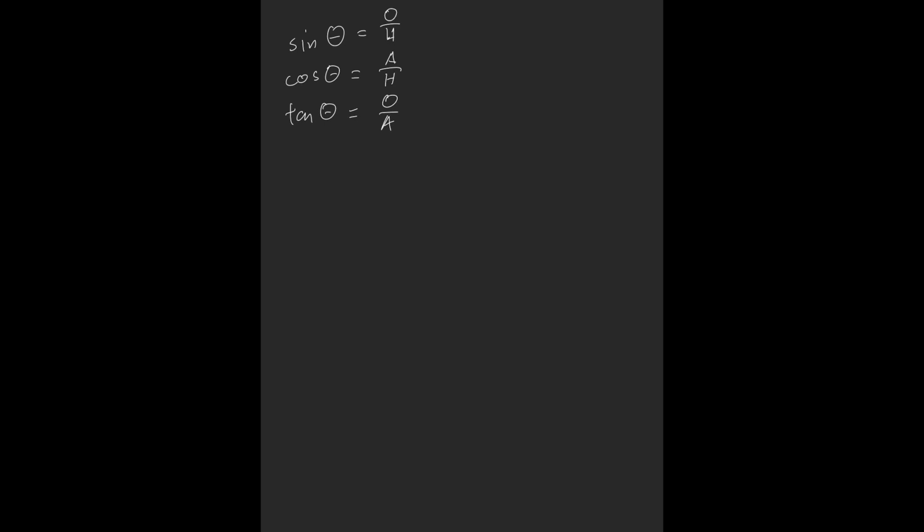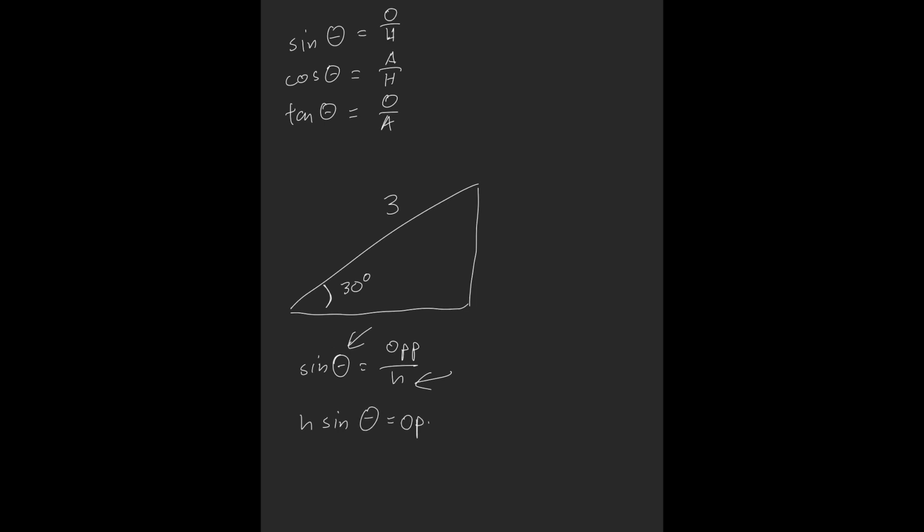Now, what you can do with these ratios is you can actually take a length. Let's just say we know our hypotenuse length. It has a length of 3. And we know that our theta is 30 degrees. We know that sine theta is equal to the opposite over the hypotenuse, but we know theta and we know the hypotenuse, so why don't we just multiply both sides by the hypotenuse, so we get h sine theta is equal to the opposite.